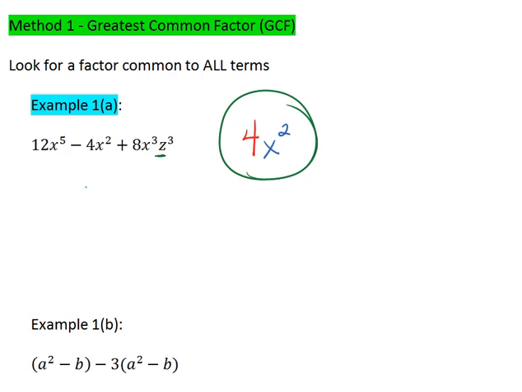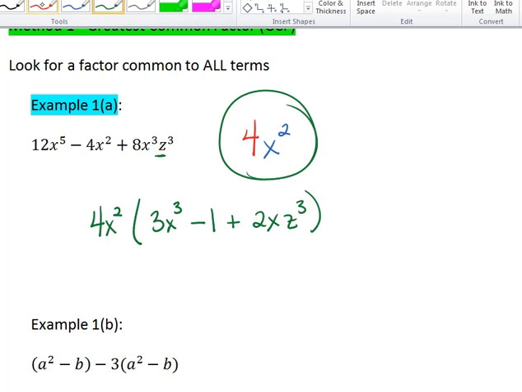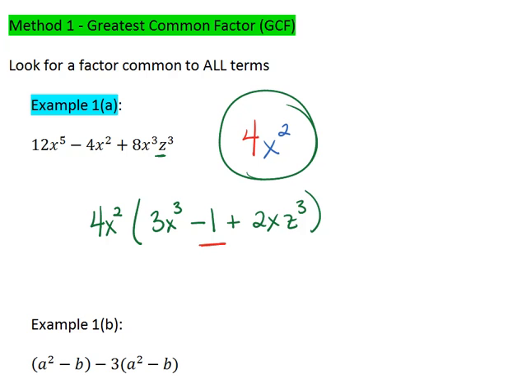So now we factor that out. We take 4x squared, which leaves 3x cubed in the first term, minus 1, plus 2xz cubed. Make special note that for the second term we do leave behind a 1. That 4x squared doesn't just disappear.